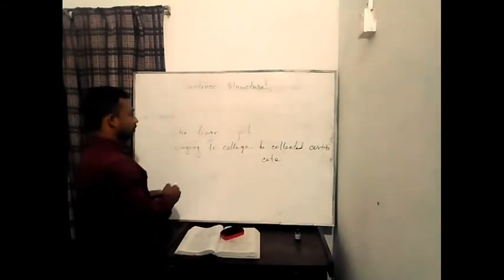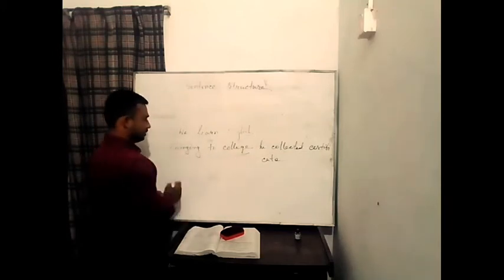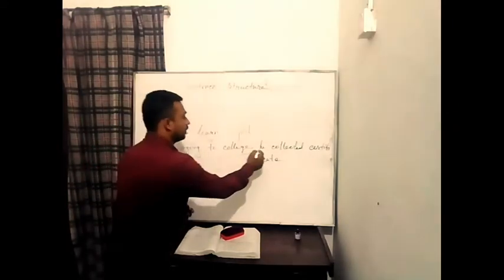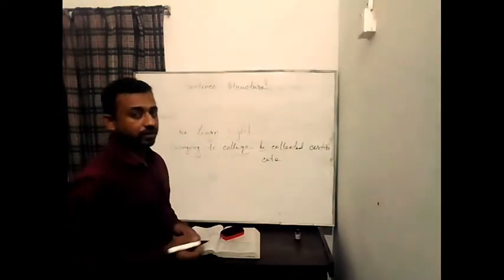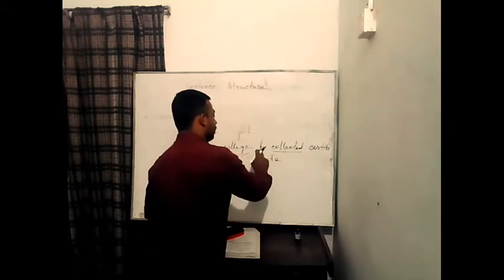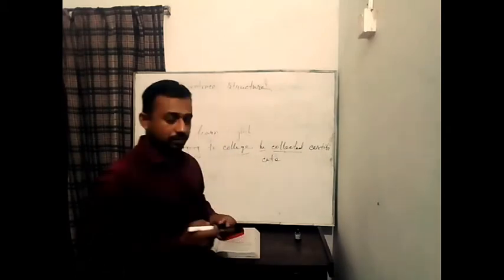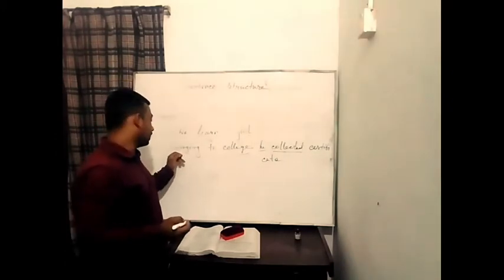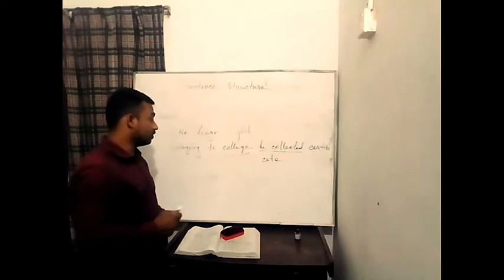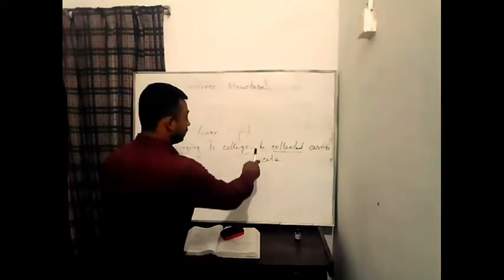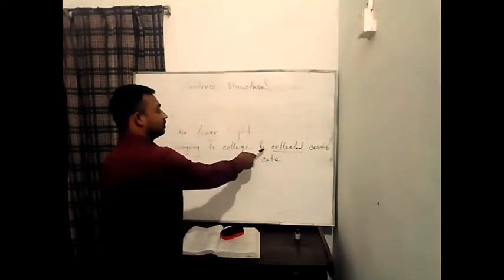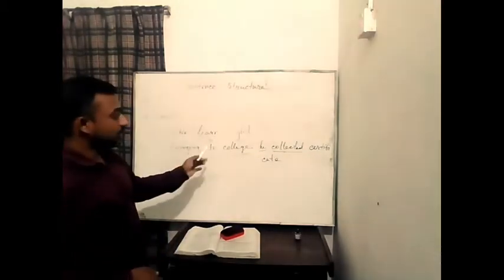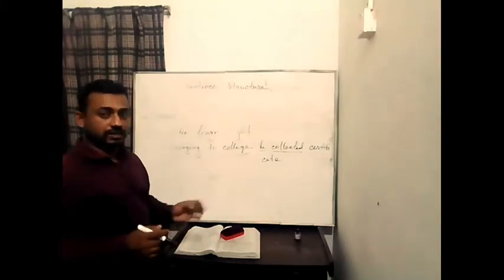Here, look, going to college is a group of words or phrase, and here the subject is he and the finite verb is collected. Here is only one finite verb. This is not a finite verb. This is a different thing. This is a gerund. So here one subject and one finite verb. It is a simple sentence.